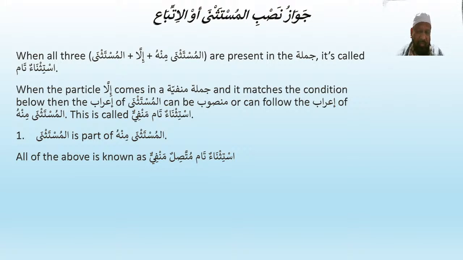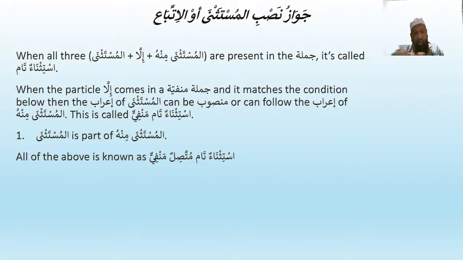You can understand? Istisna'un tam, muttasil, manfi. Tam is because all three are present. Muttasil, mustasna, the ism we are excluding from, it has to be part of that. Okay? Or belongs to that. So mustasna belongs to mustasna minhu.